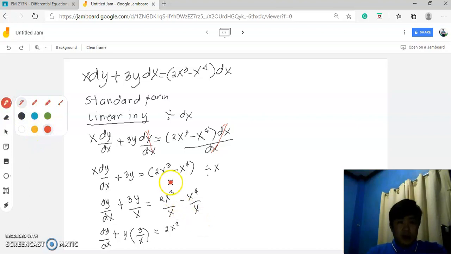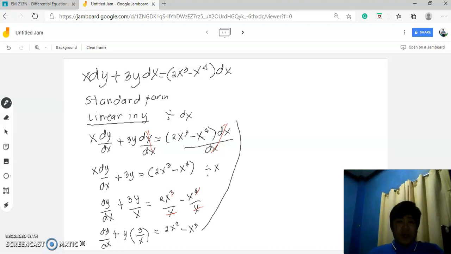So cancel this one, this one, this one, and also this one. From there, you have x cubed divided by x, you have x squared, times 2, you have 2x squared. Then, subtracting x raised to the power 4 divided by x, you will have x cubed.